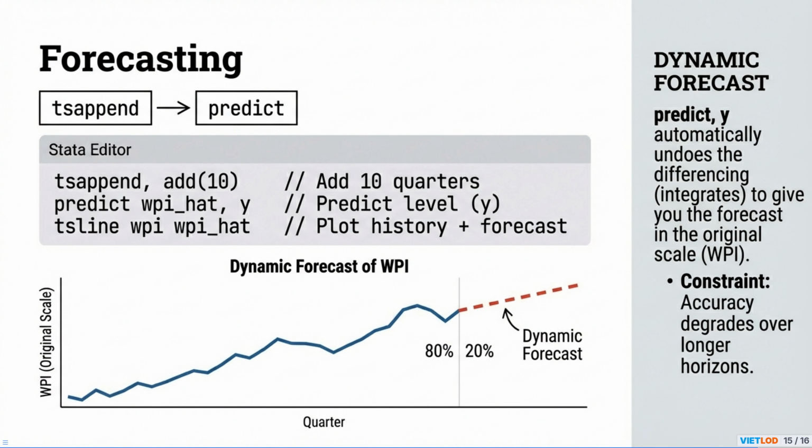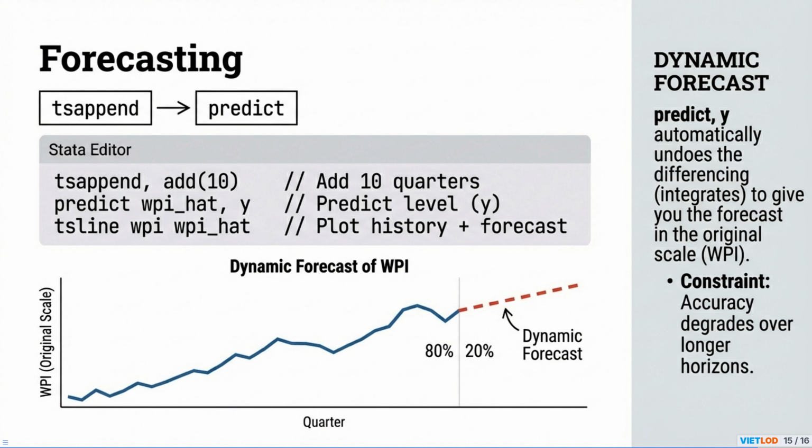If any root is on or outside the circle, the model is unstable. This could mean the series is non-stationary, needs more differencing, or the model is misspecified, with too many lags. If you estimate an AR(1) model and the coefficient is 1.1, the root will be outside the unit circle. This indicates an explosive, non-stationary process. The correct action would be to go back and difference the data. Our model has passed the diagnostic checks, so we can now proceed to the final step, forecasting.